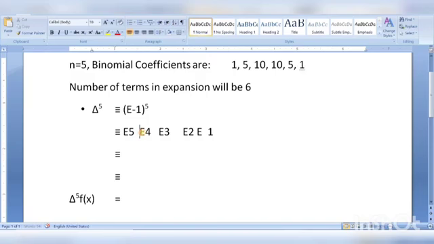So here the maximum power is 5, and therefore e raised to 5, then decreasing by 1, e raised to 4, e cube, e square, e, and the last term is 1.